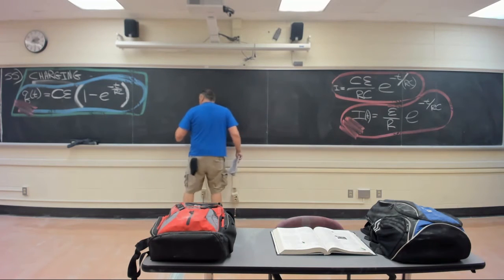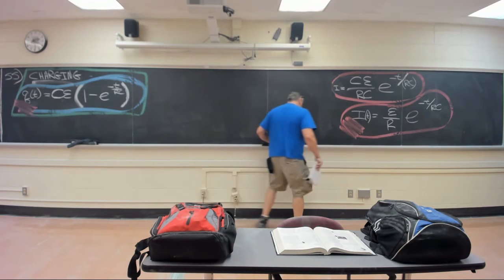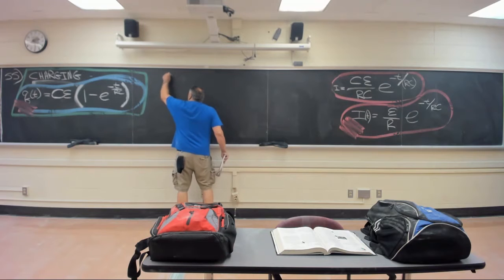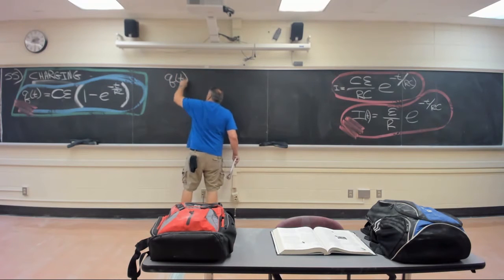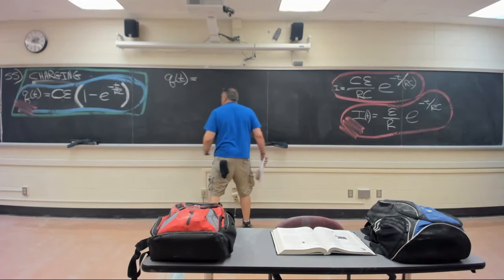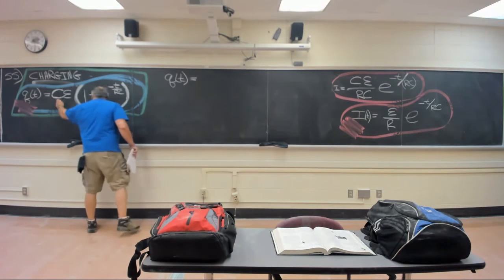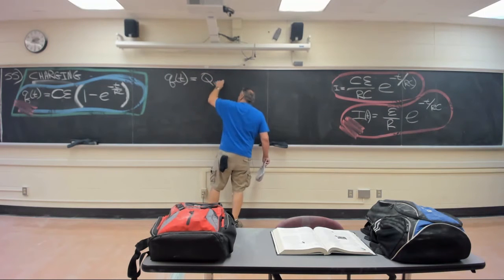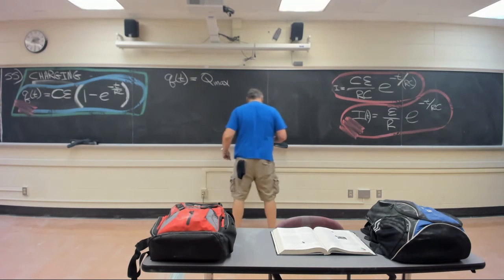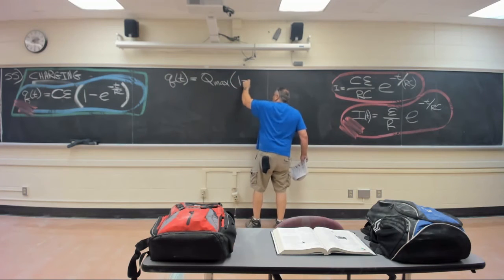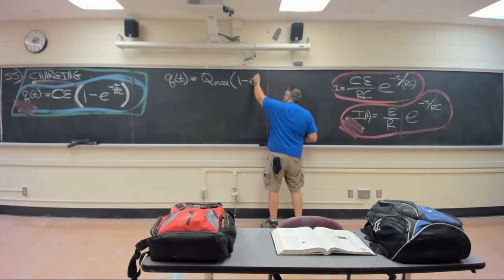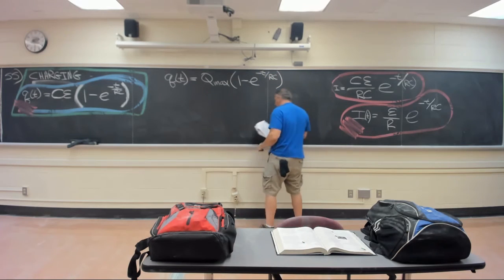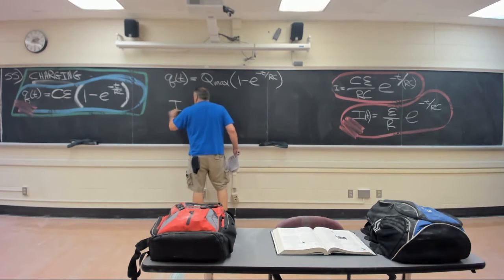So what you got is Q of t, the CE is the maximum charge, Q max, 1 minus, and the I of t.